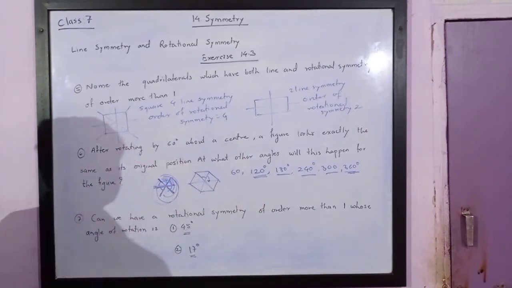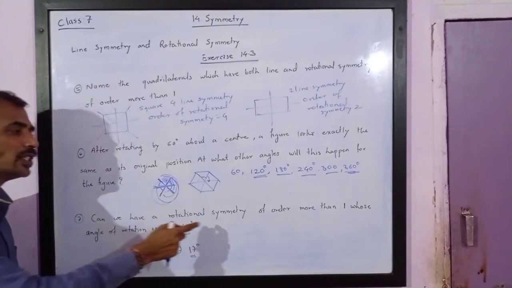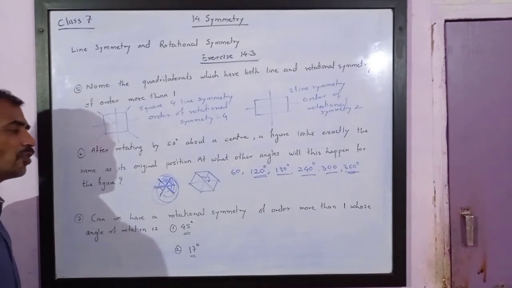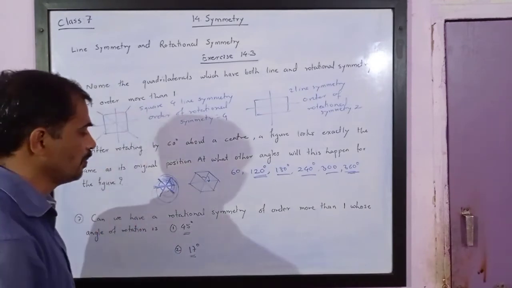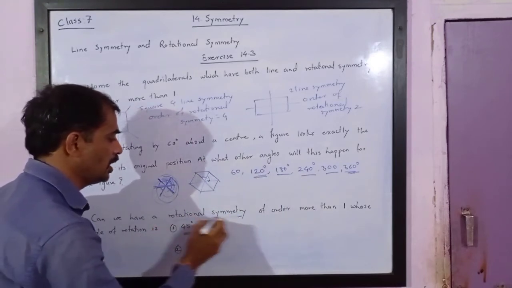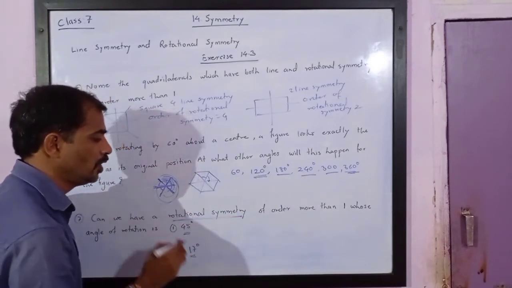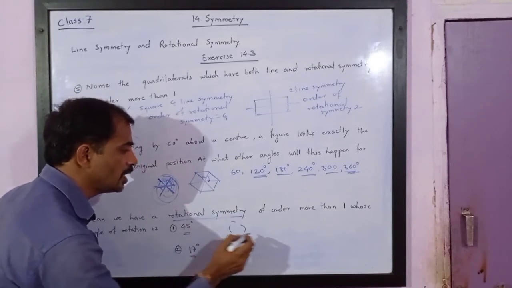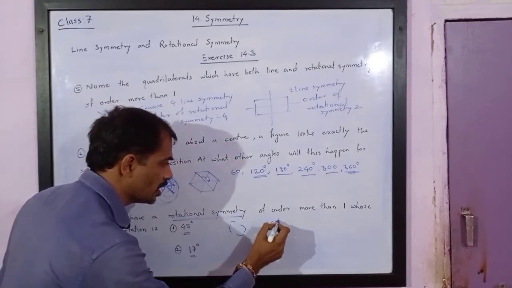The last question is, can we have a rotational symmetry of order more than 1 whose angle of rotation is 45 degrees? Try to understand this question. Please note, whenever we are obtaining rotational symmetry, you will notice that after rotating through the same angle repeatedly, it does reach up to 360 degrees.